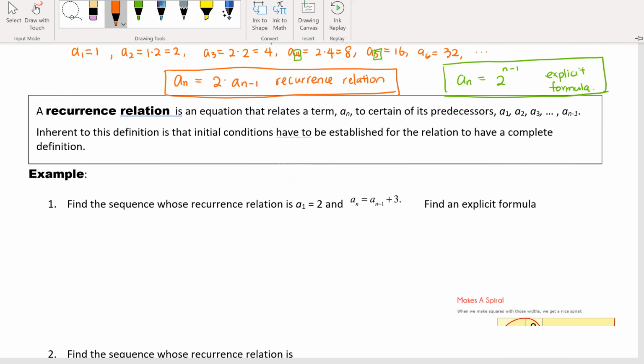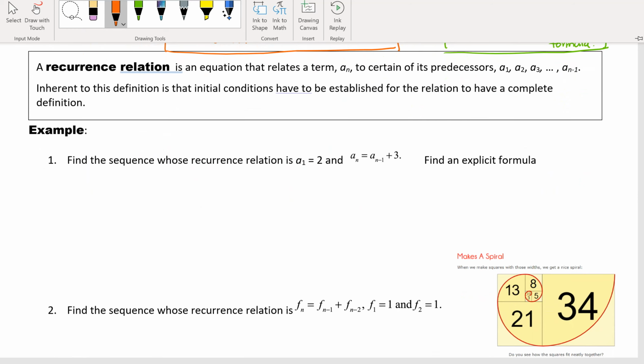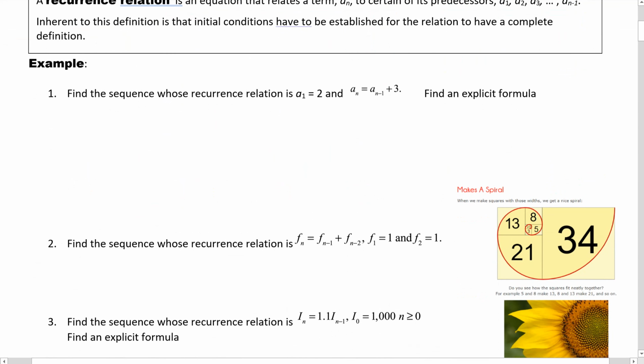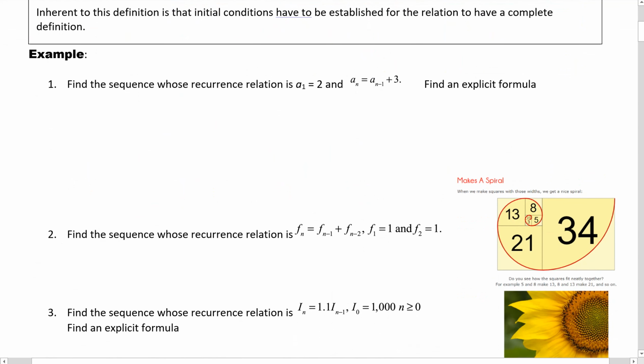First, we want to find the sequence whose recurrence relation is a1 equals 2 and a_n equals a_(n-1) plus 3.